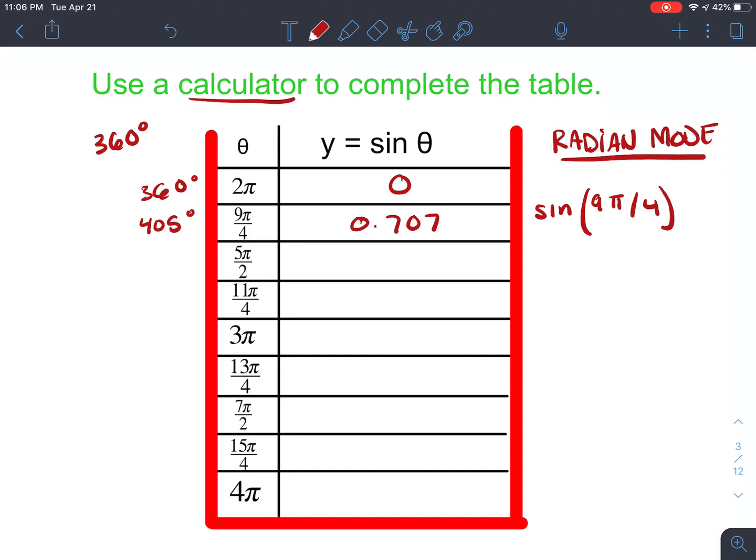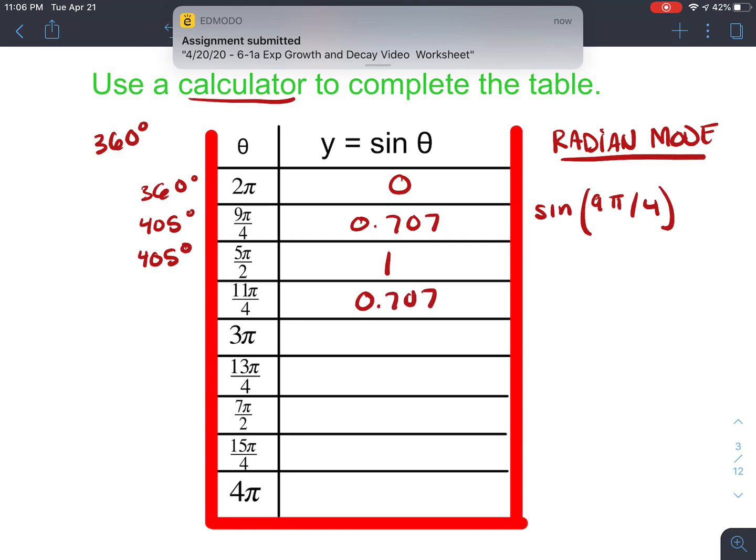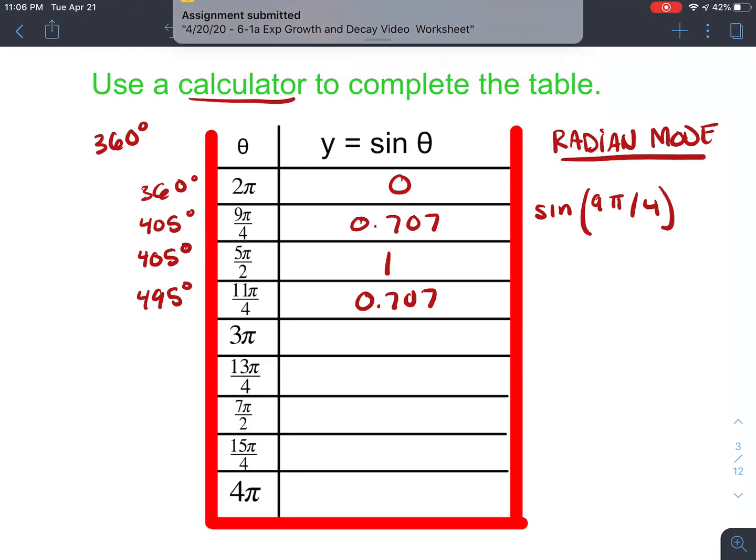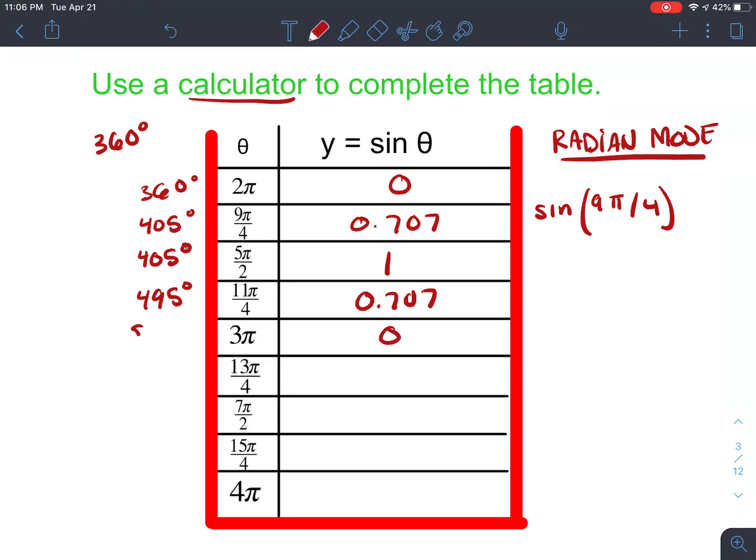All right, so let's continue. You type in sine of 5 pi over 2. That's equal to 1. Now, this is actually equal to the angle measurement of 450, which has a reference angle of 90. So we continue. 11 pi over 4 gives me 0.707. That's the 495. 3 pi gives me 0.